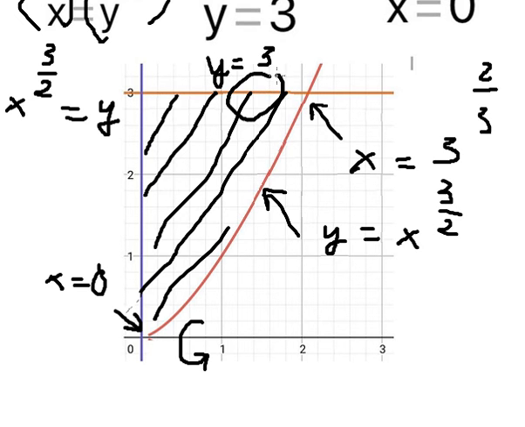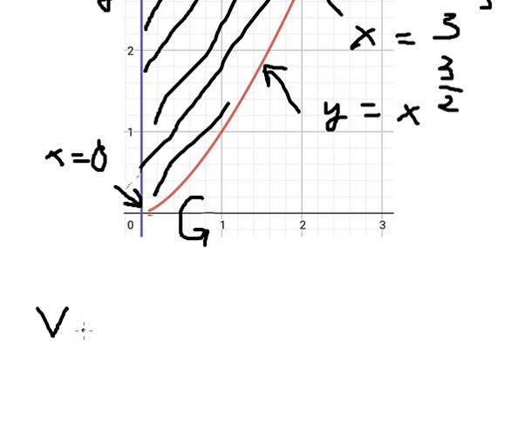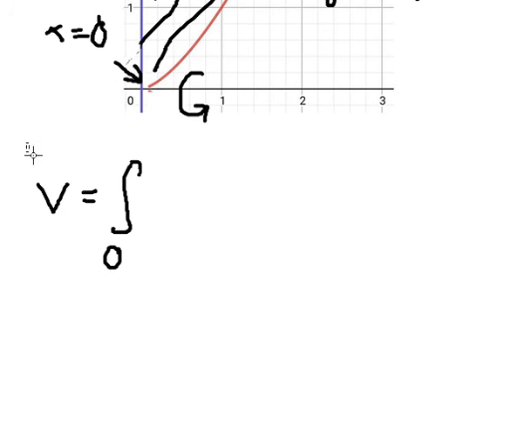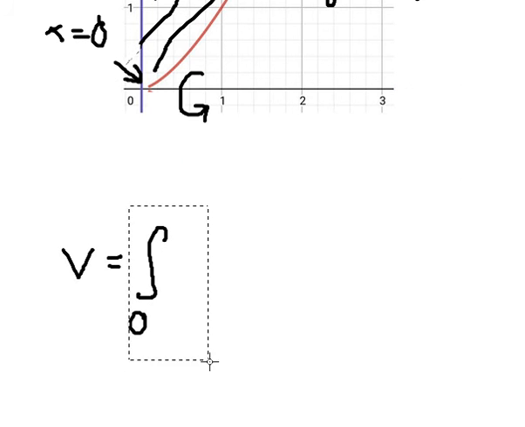So this is the upper, this is the lower. So we can set up the integration from 0 to 3 to the power of 2 over 3. And we put b in here.